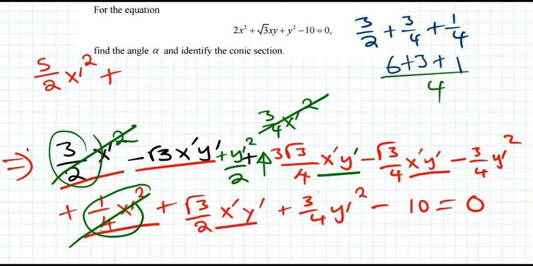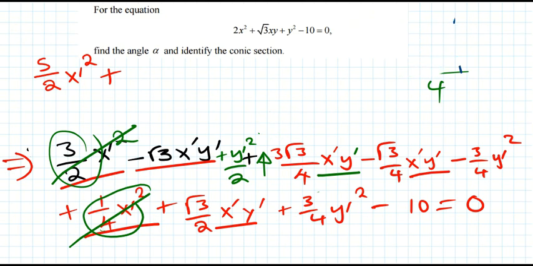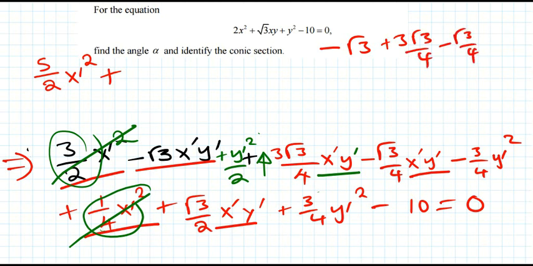So let's try to write them down. For the constants, we've got minus root of 3 plus 3 root 3 over 4 minus root 3 over 4, and then we've got plus root 3 over 2.